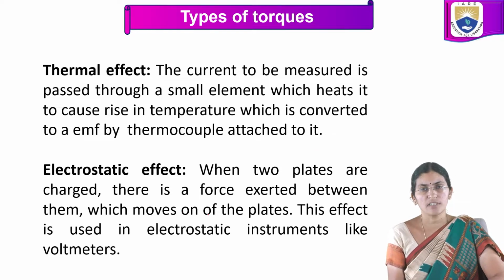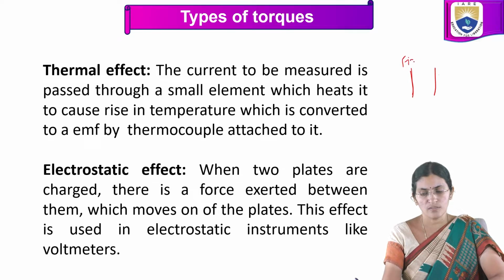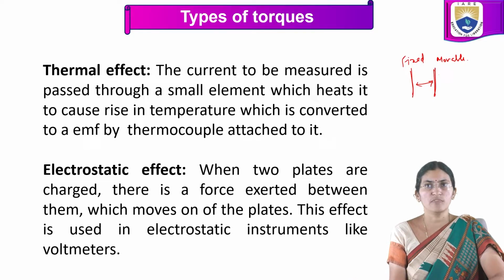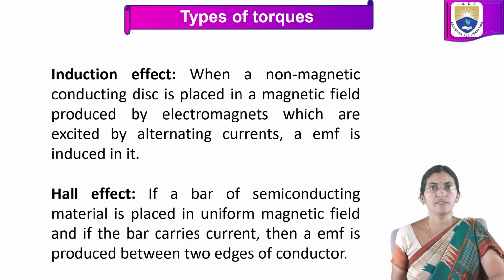We have two plates placed near each other, and a force is exerted between them. One plate is fixed and the other is movable. The movable plate can move under the influence of the force between the fixed plate and the moving plate. This effect is mostly used in electrostatic instruments, so we have the electrostatic voltmeter.